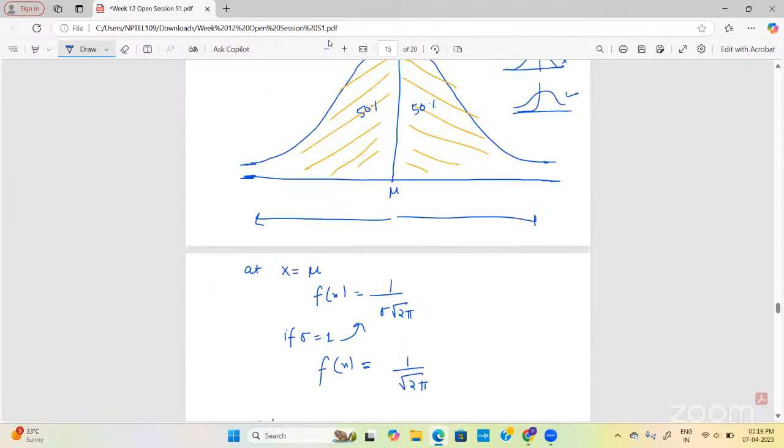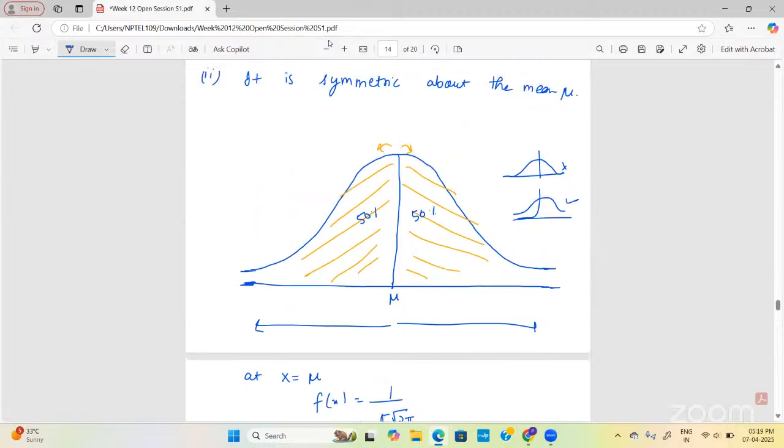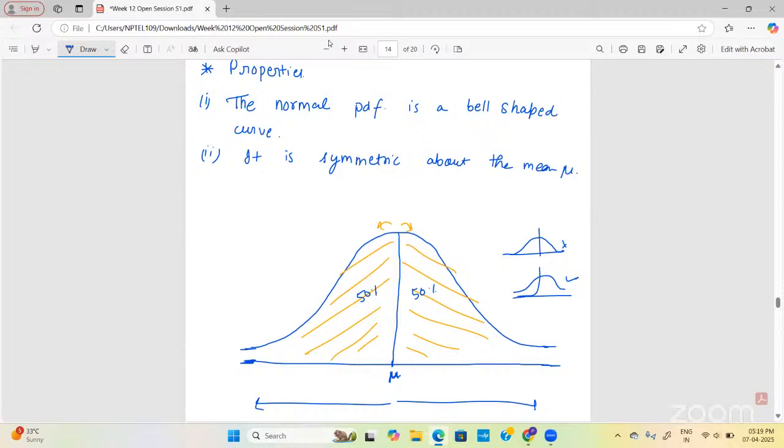So this is the half region, 50%. This is the half region, right? That's why we call it symmetric about the mean. This is the mean line, this is mu. Now do you understand these properties, that it is a bell-shaped curve and it is symmetric about the mean?